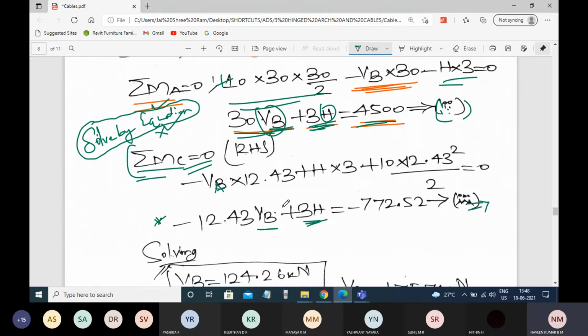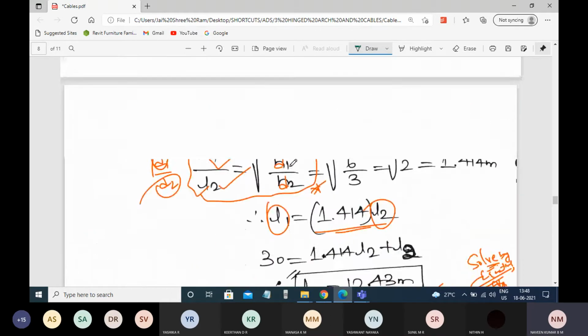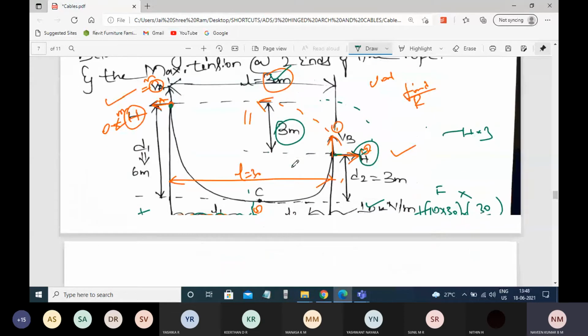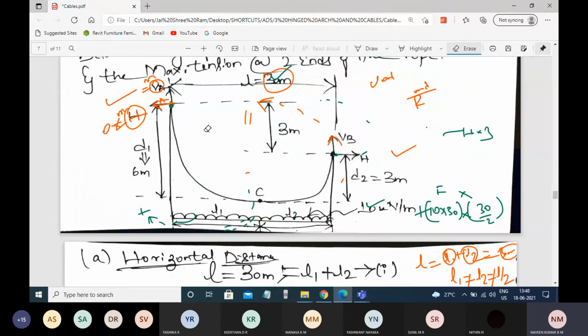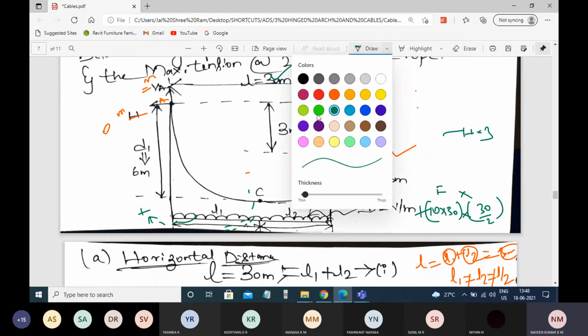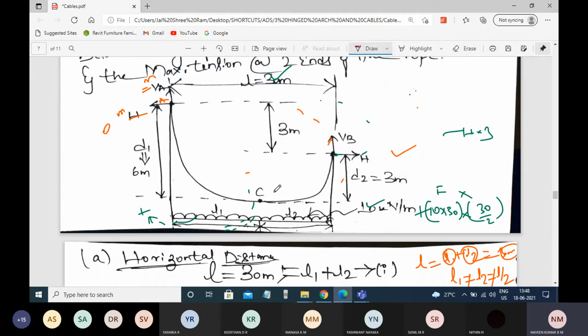So now let me go over here. Summation MC equals 0 RHS. We are considering the moment at this point, RHS, right?